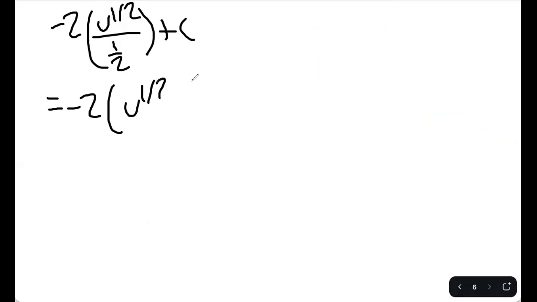I guess I would start by thinking about how a fraction is dividing, right? So I could think of this as u to the half divided by a half. It's probably been a while since you've seen that. But if we're dividing something by a half, then you're multiplying it by 2.